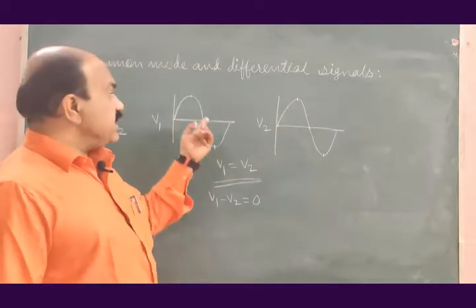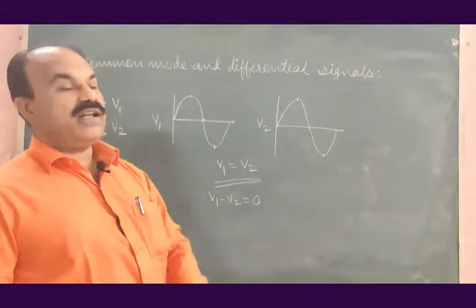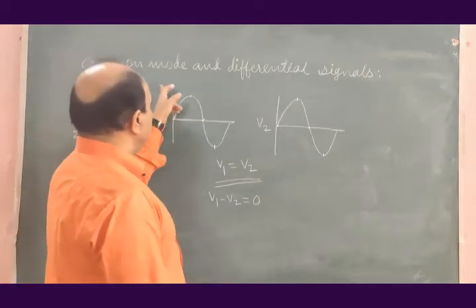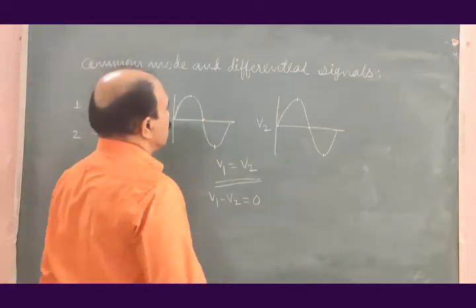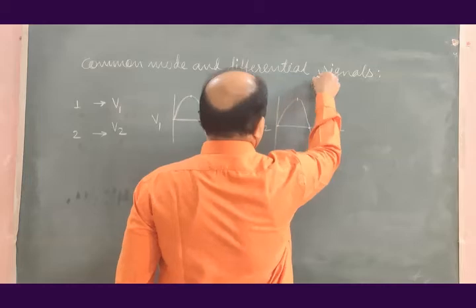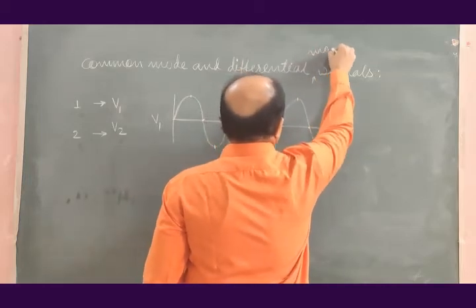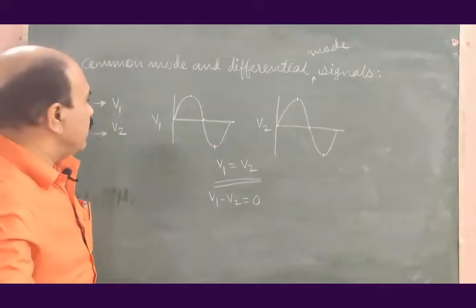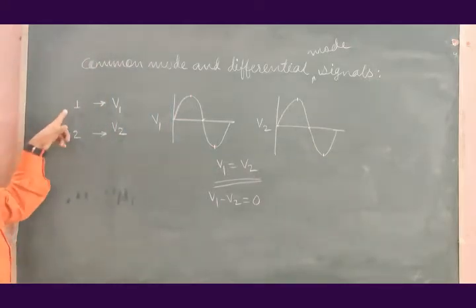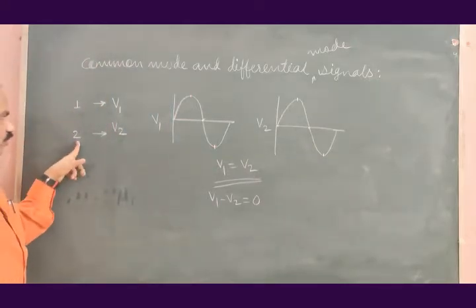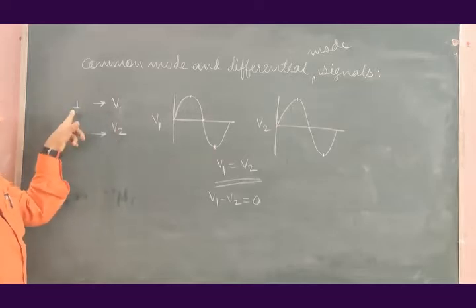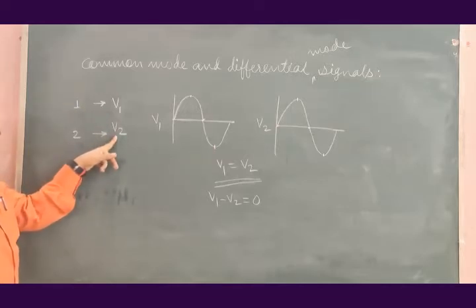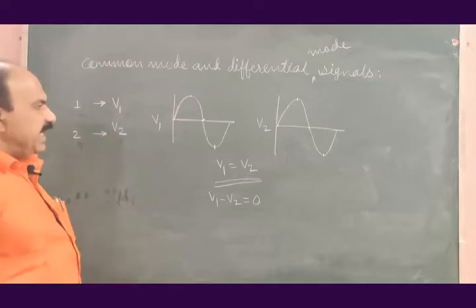Now the second method, differential mode signal. Input 1, input 2, V1 given to input 1, V2 given to input 2.